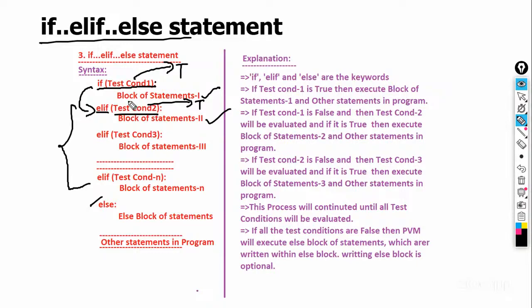But what if this is false? It goes to the next elif block. In the same way, it checks each and every condition. Wherever the condition holds true, for that particular block, the statements get executed. What if all the conditions present in the if and elif blocks are false, not holding true?